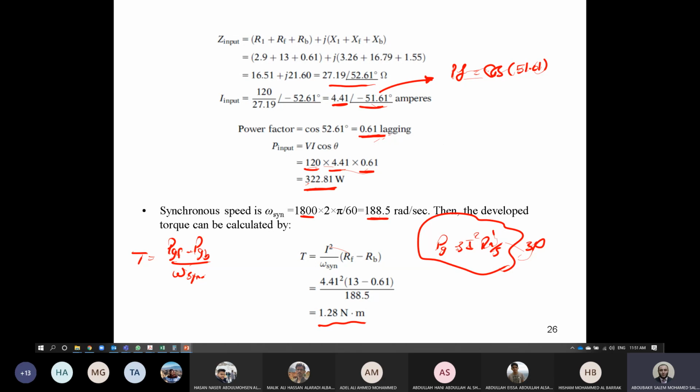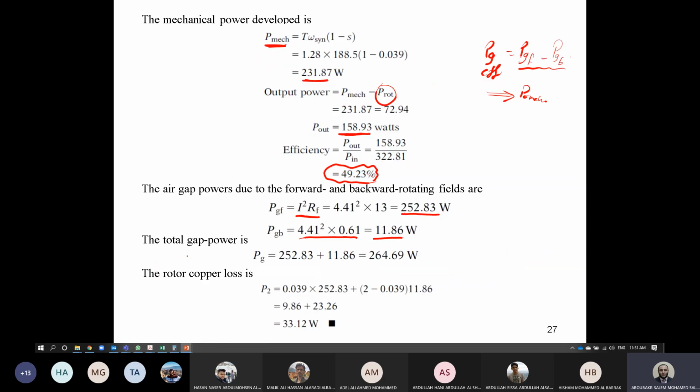We didn't take the summation. No, we have to subtract the two values. Why? Because the effective value of gap power on the torque will be the difference between the two powers. However, in terms of supply, we need to calculate the total power from the side of the supply, so you should add the backward and forward power. So this is now considered the overall gap power.